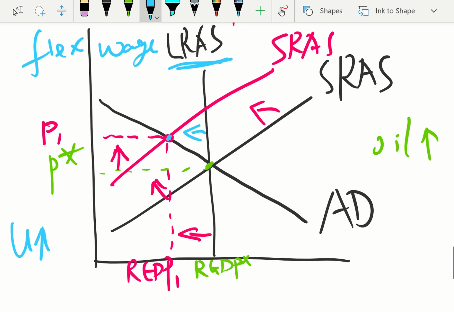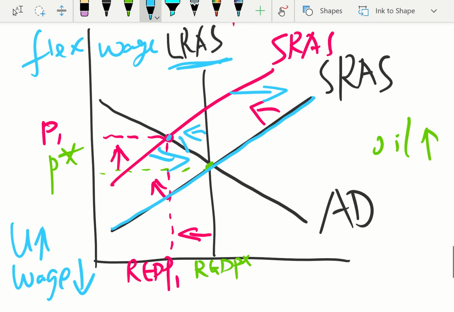At a higher unemployment rate, workers will compete. When workers compete, wages become flexible and wages will go down. When wages go down, it's cheaper for companies to produce goods. And what do companies do? Companies produce more goods. So you're going to shift your aggregate supply curve back to where it was before.